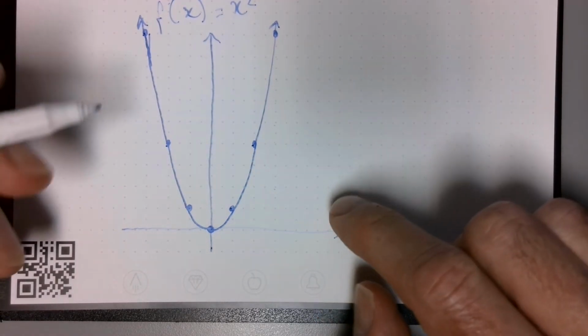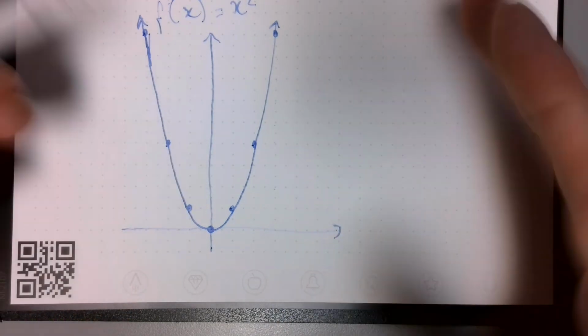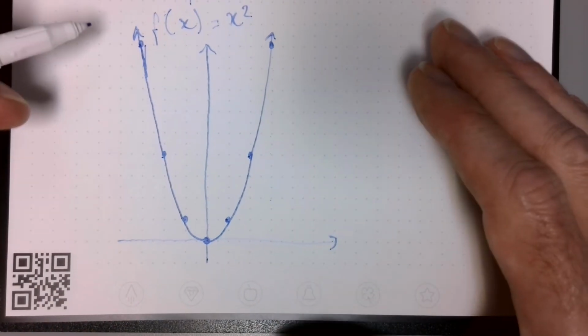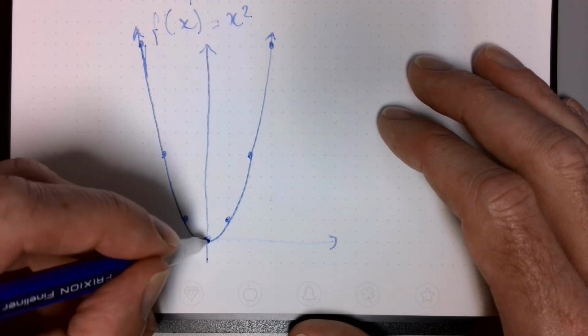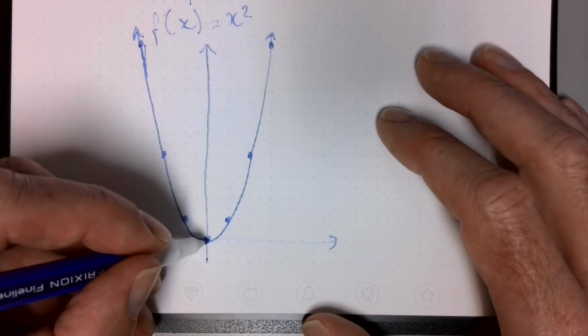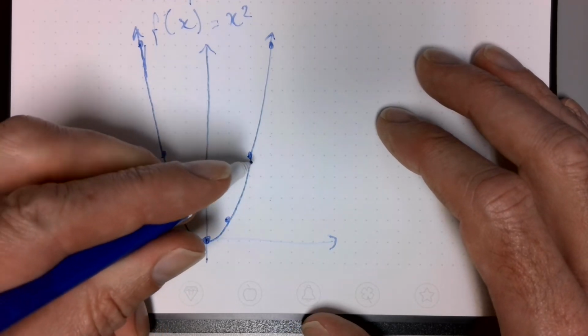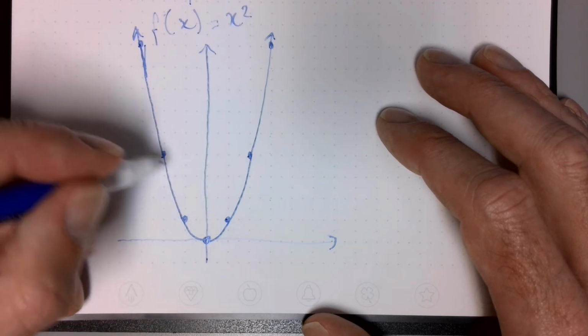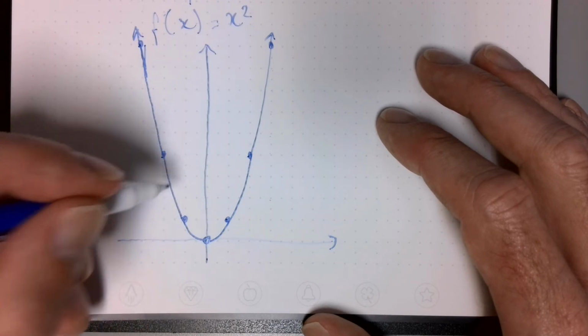Okay, so once again, remember the basic shape. It's a U shape called a parabola. But also remember your anchor points, in particular 0, 0, 1, 1, and 2, 4. And then don't forget that you get these other points for free using symmetry.